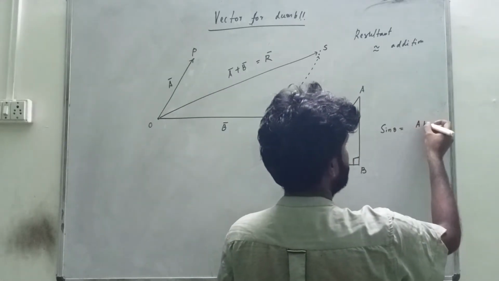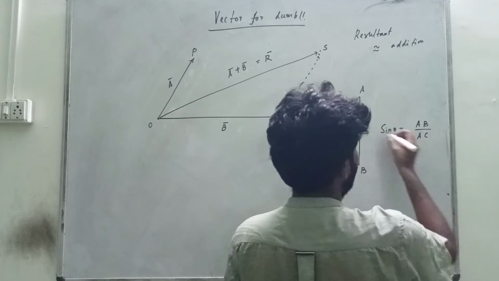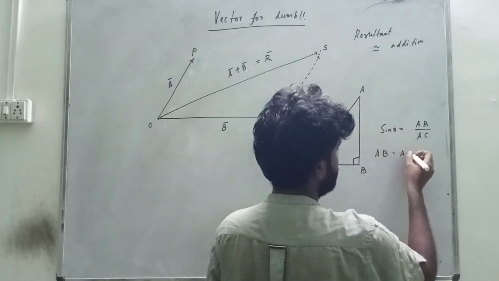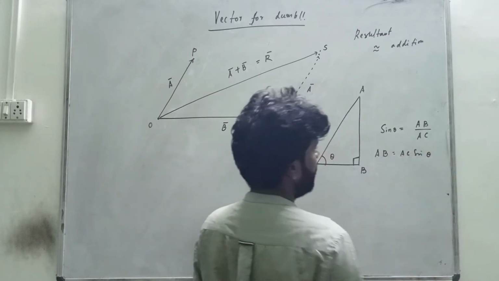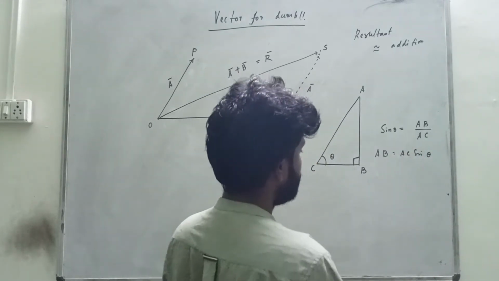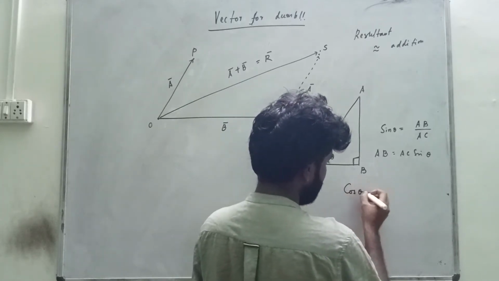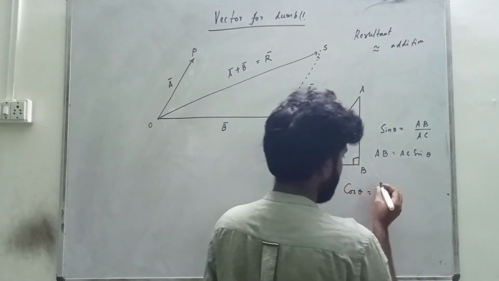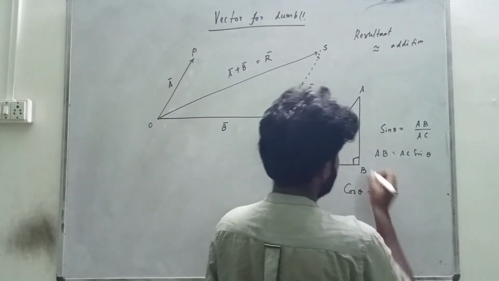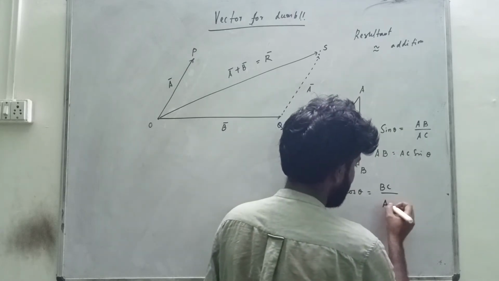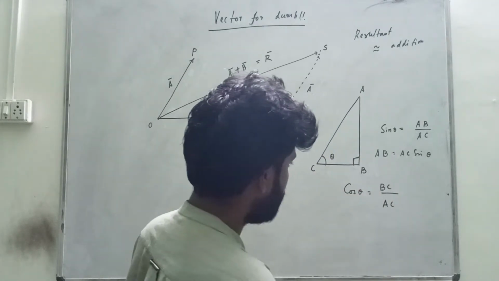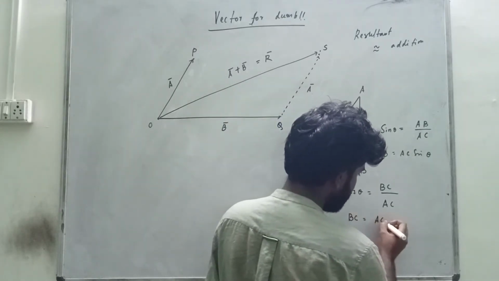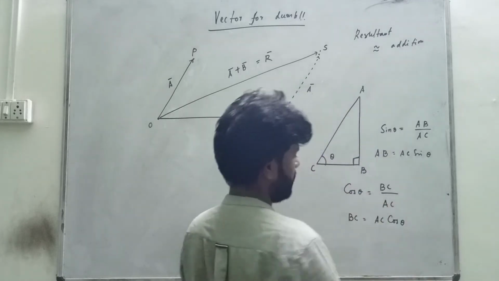Just cross multiply: AB means AC sine theta. And cos theta means base by hypotenuse, BC by AC, so BC means AC cos theta. A very simple case, right?